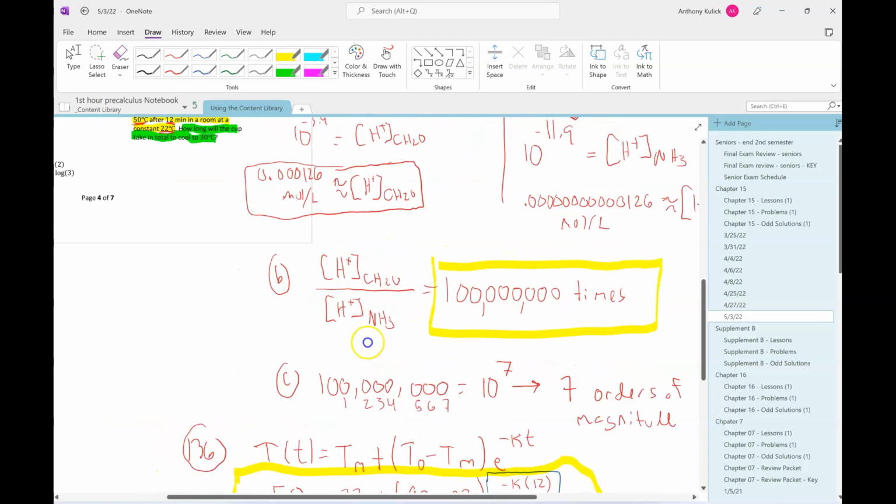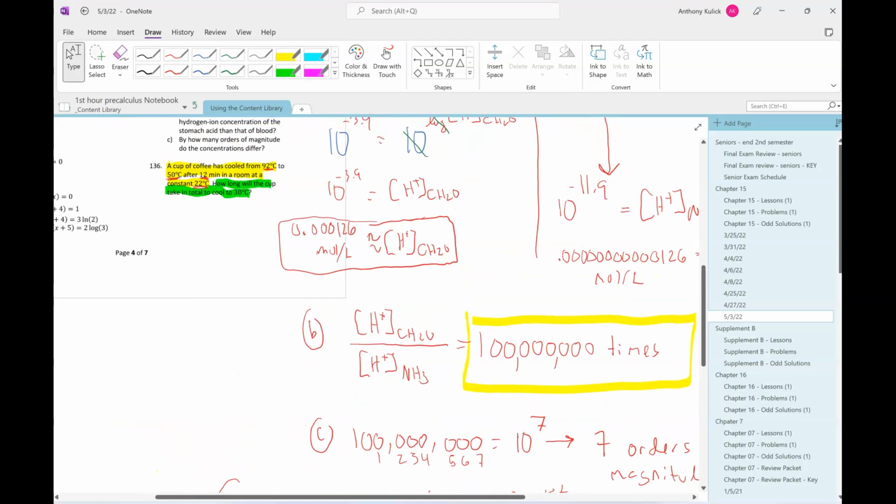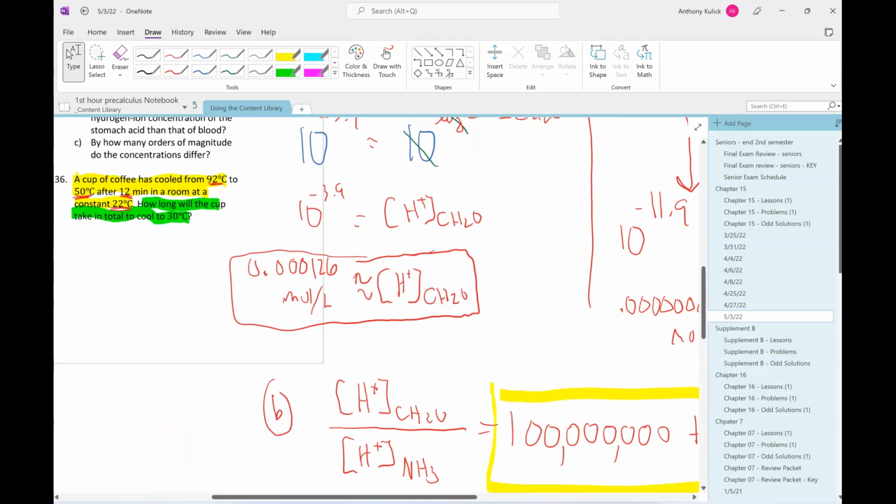All right, let's go back and examine what we were asked for in that green piece. It says, how long will the cup take in total to cool to 30 degrees Celsius? How long means, what are we solving for? Time, the little t. Okay?